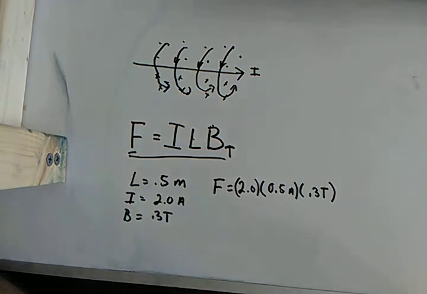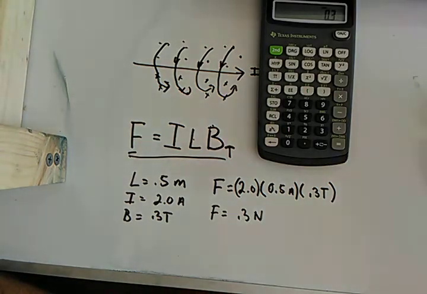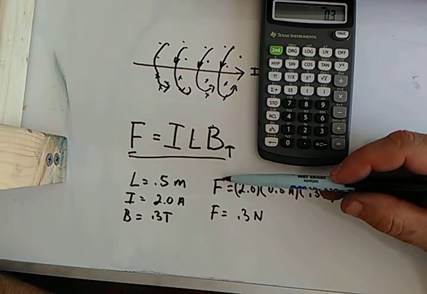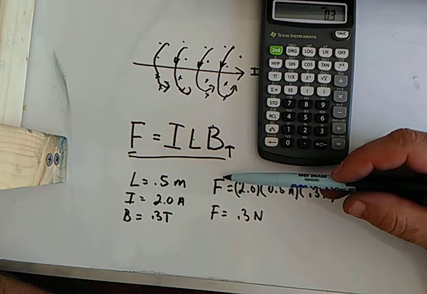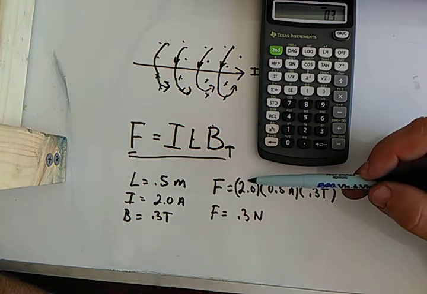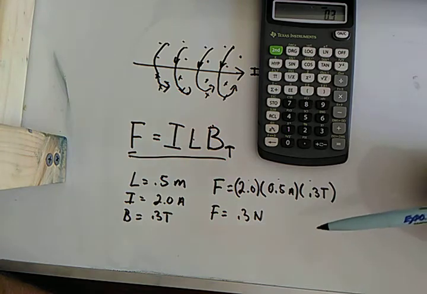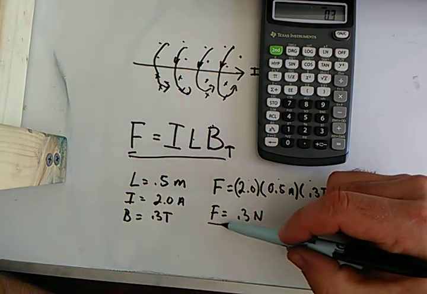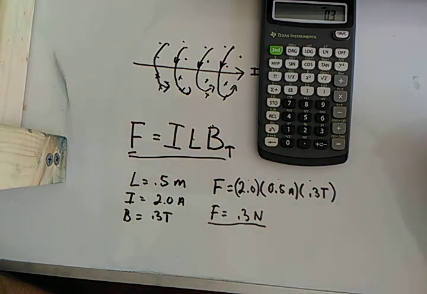After doing a little bit of math, the force acting on the wire would be 2 times 0.5 times 0.3. The force acting on the wire is 0.3 newtons. Let's look at another one.